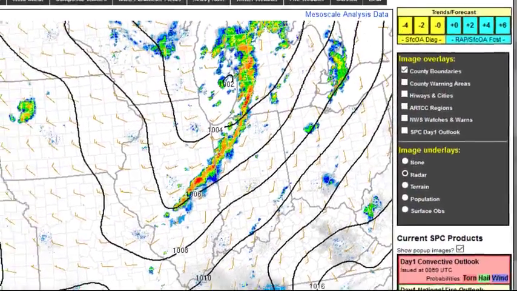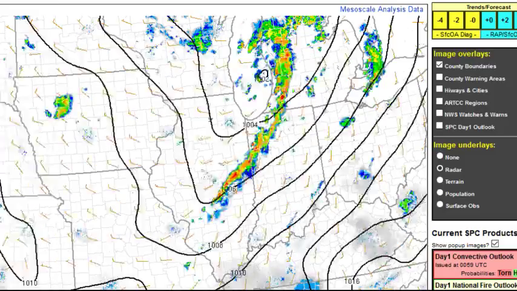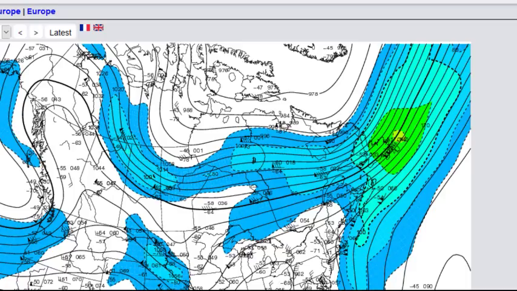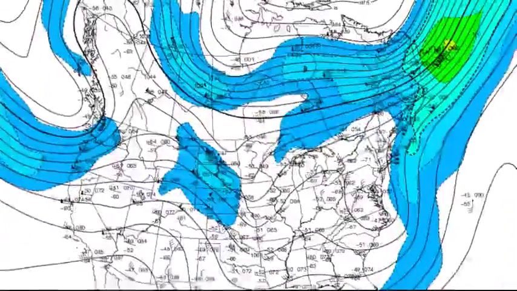This is the SPC mesoanalysis, and that shows a quasi-linear convective system there, all the way from Springfield, Illinois, northeast towards Michigan. And let's see what's controlling that system at the upper levels. We'll go up to 250 millibars.